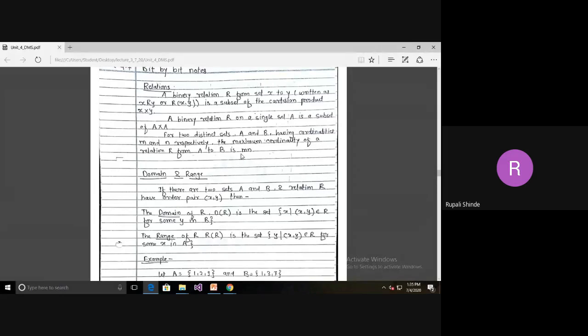Suppose set A contains 2 elements, 1 comma 2, and B contains 3 elements, 1 comma 2 comma 3. Then to find the maximum number of elements in relation R, we use this formula m into n, where the value of m is 2 and n is 3. So 2 into 3 equals 6, which means 6 elements would be there in relation R.